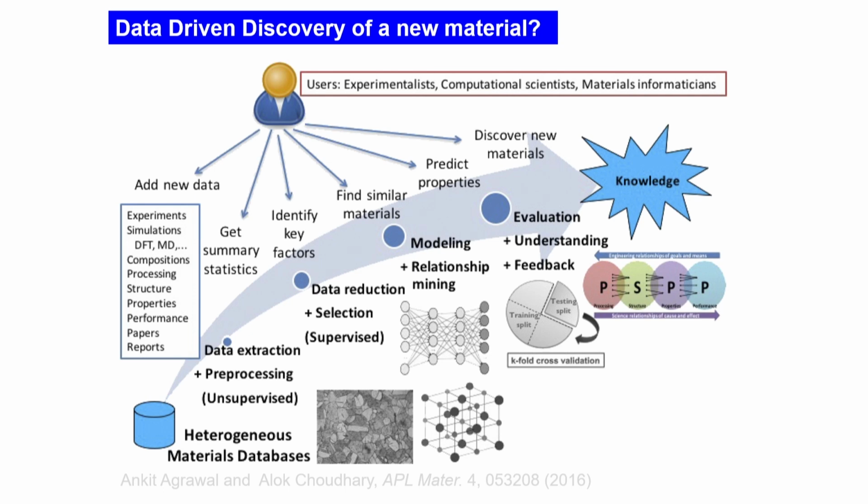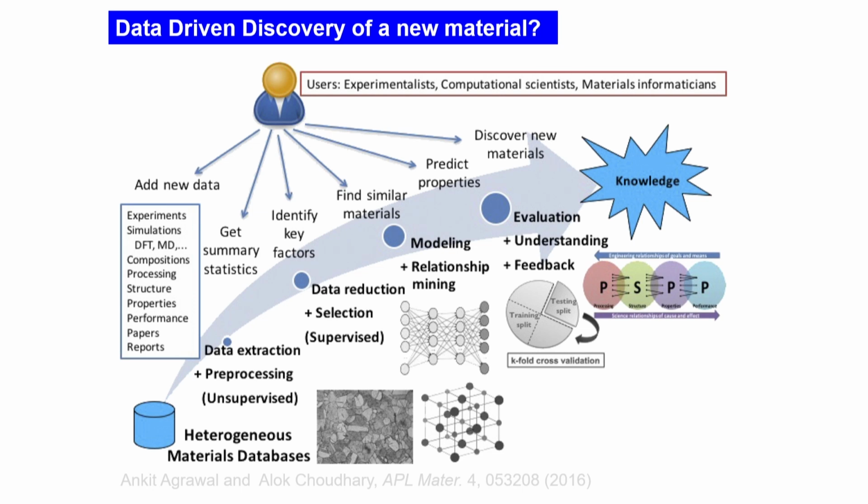As you can see here, databases are created from the data, then you can do data preprocessing and extraction, data reduction, simply dimension reduction, and modeling, that is what is called machine learning or deep learning. You can evaluate whether your modeling is good or not, and finally you can accrue knowledge out of it.